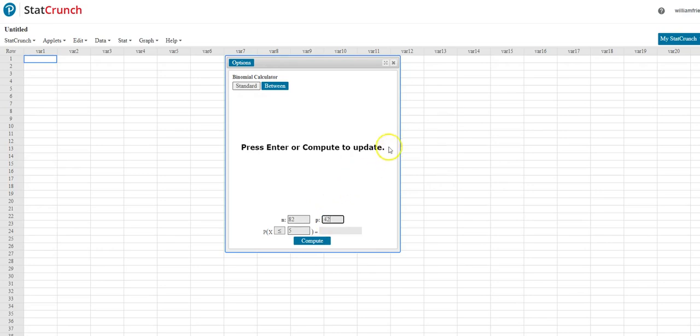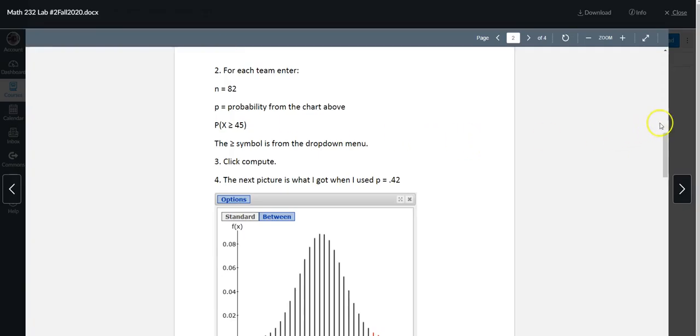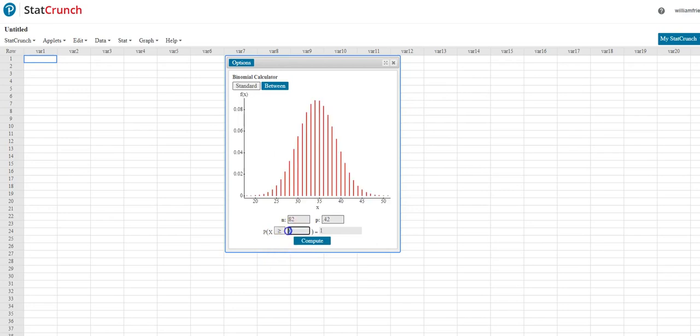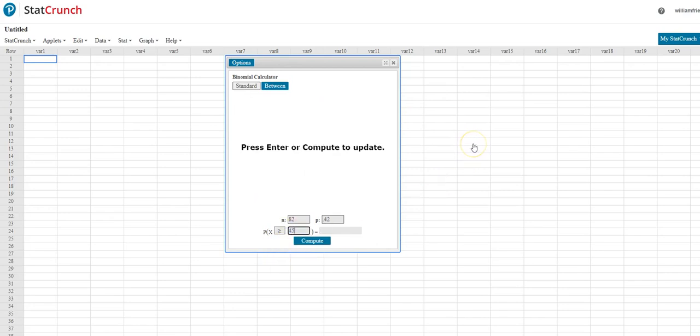And then I want the probability that the team wins greater than or equal to 45 games, I think is what it says. Yeah, the probability that X, the number of successes or wins, is greater than or equal to 45. The symbol there is from the drop-down menu. So here's the drop-down menu that I'm talking about, and I want greater than or equal to, and I want 45 here. And then when I hit compute, it'll give me the probability.